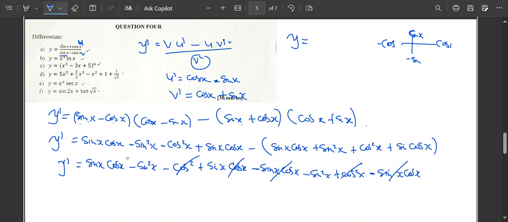So this and this again will go, you see? So I'm remaining with this and this. So I'm remaining with y equal to negative sine squared minus sine squared, so I have negative 2 sine squared x.